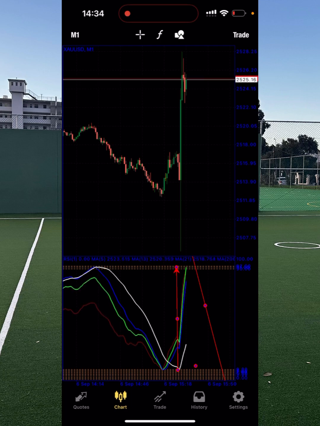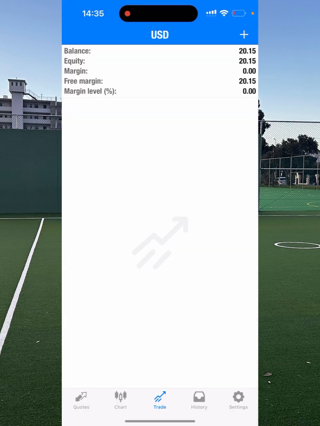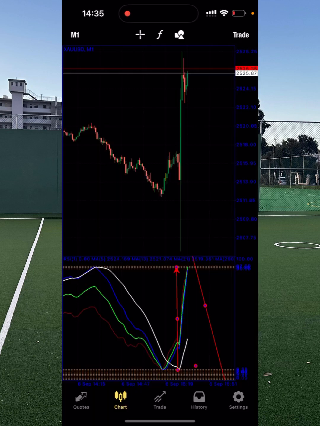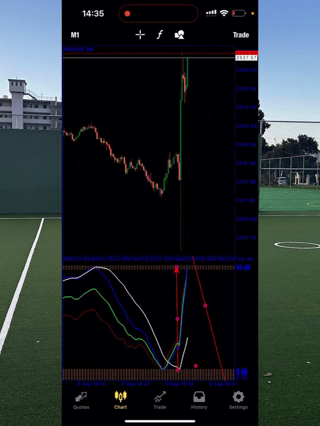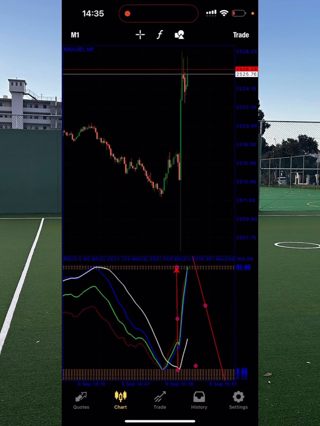This is what happened. It's live trading, no way out. We lost the account because we didn't use any proper risk management, because we wanted to flip this account. So when it comes to trading the news, always keep yourself using proper risk management, and always remember that the account you're going to use to trade the news is not going to be the same account that you're using to trade the pairs.